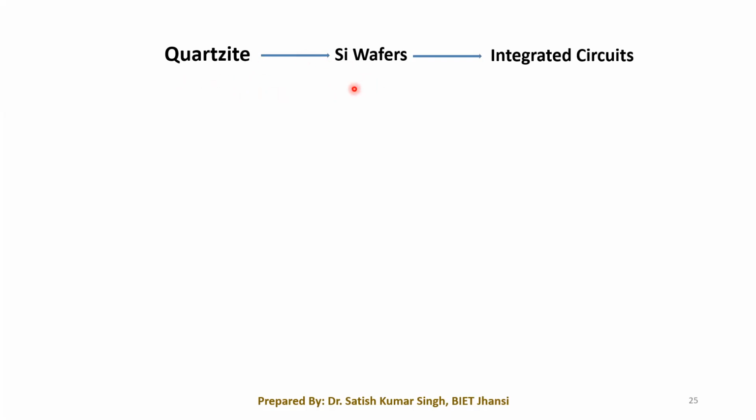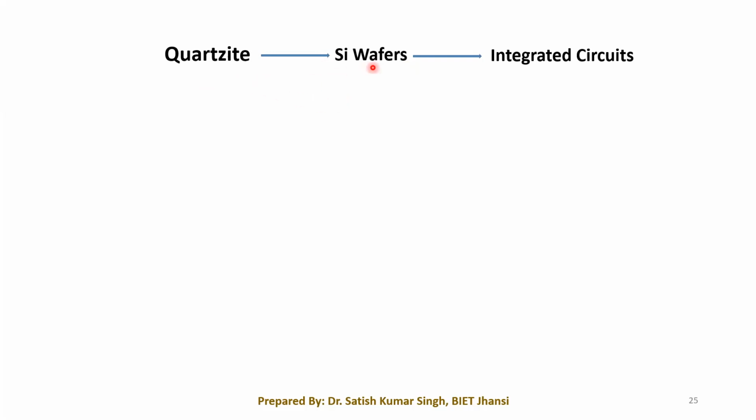From the silicon wafers we have to do certain processing to make different components on the silicon wafer, like MOSFETs. Then we have to do the interconnection between the MOSFETs to get a particular electronic performance of the device, so that it will be converted to an integrated circuit. So we have quartzite as a material, and then we go to silicon wafers. Going from the quartzite to a silicon wafer is not straightforward.